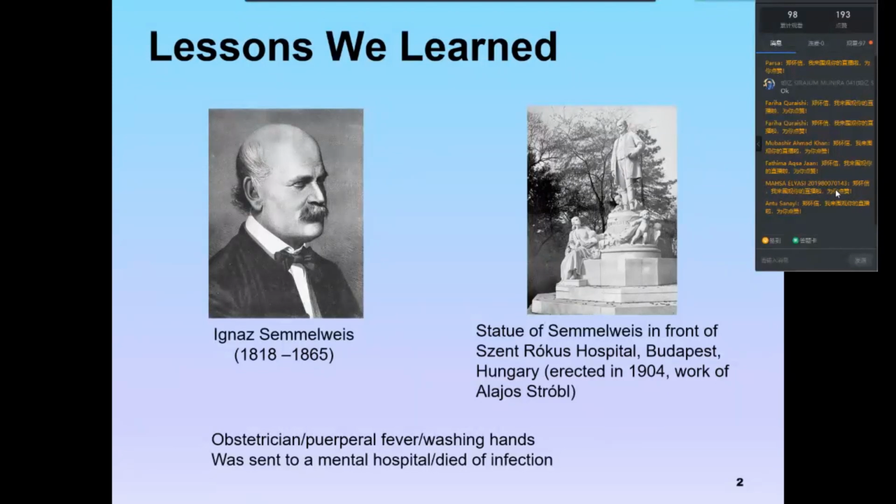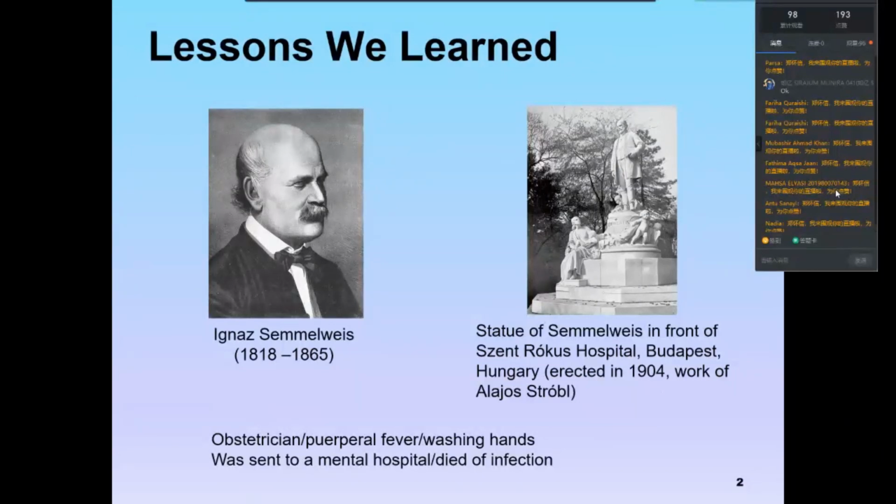And ironically, before he was sent to hospital, he got injured on one of his fingers, and there was a small wound, and people didn't notice it and didn't treat the wound properly.